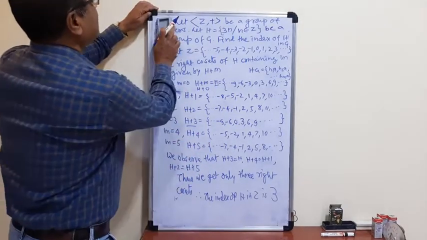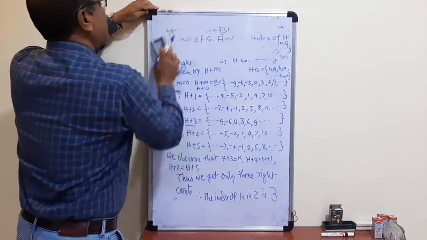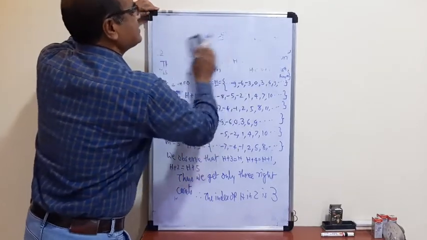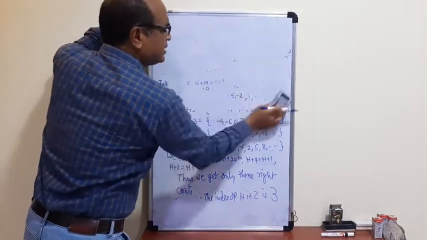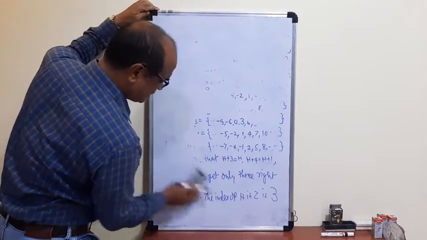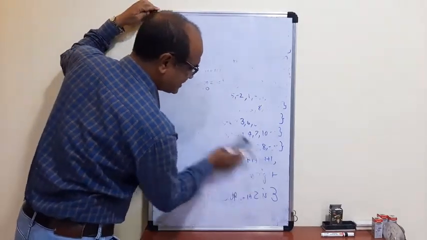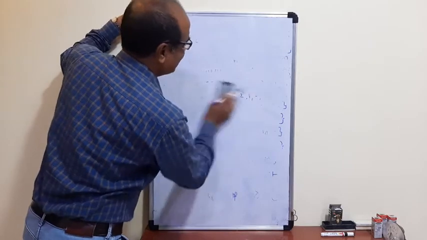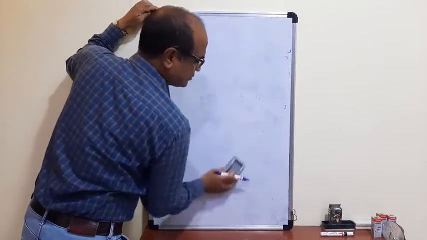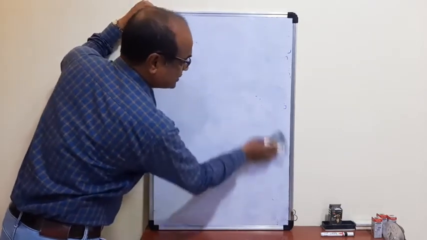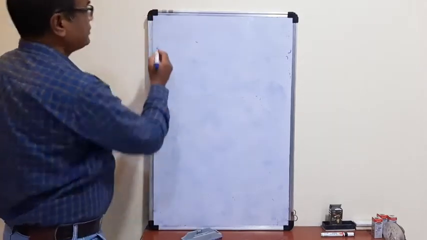Okay, so what are the consequences or applications of Lagrange's theorem? There is a corollary. We take a theorem, and then another theorem that follows from it, which we call a corollary.